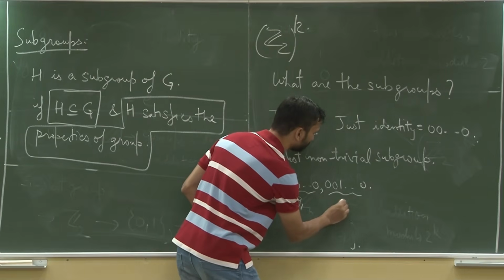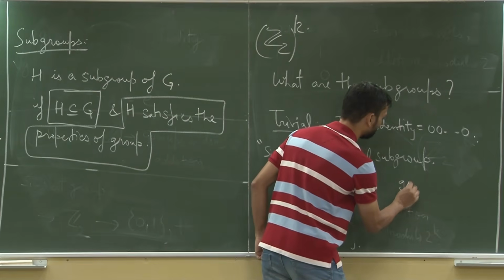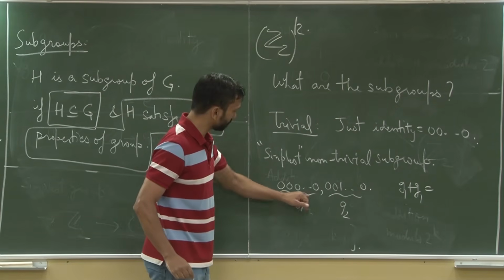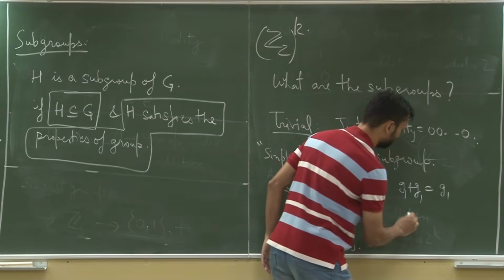Let's call it G1, let's call it G2. So G1 plus G1, 0, 0, 0 plus 0, 0, 0, is again G1.